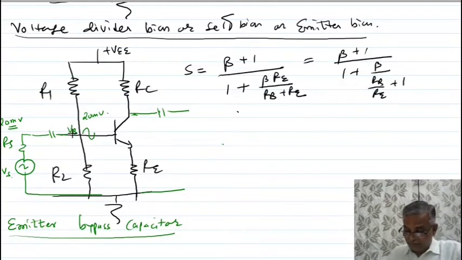Now this signal is amplified, and as AC current is passing through the circuit, AC voltage is developed across RE. That is VE. Or due to junction capacitance, some of the signal will also pass through this.